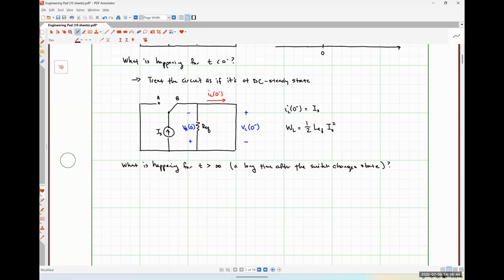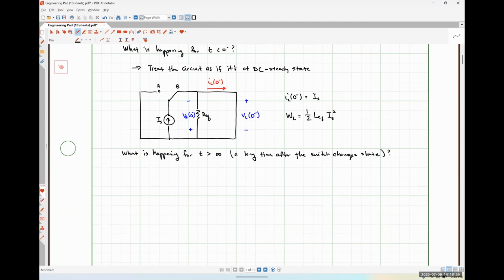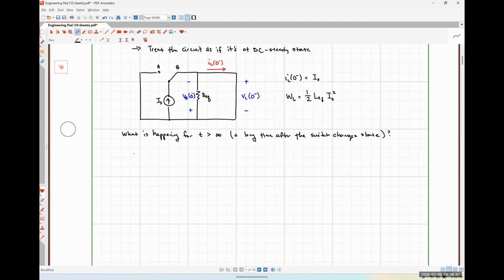So we're going to analyze this circuit once again as if it's at DC steady state and see what happens.